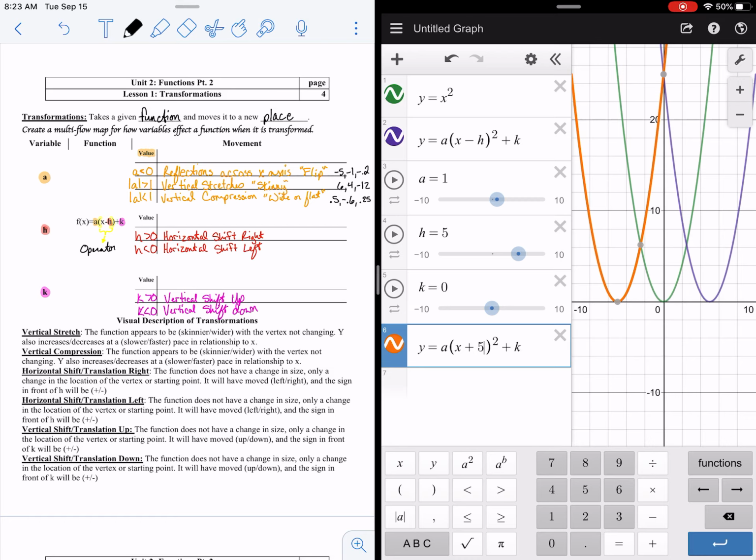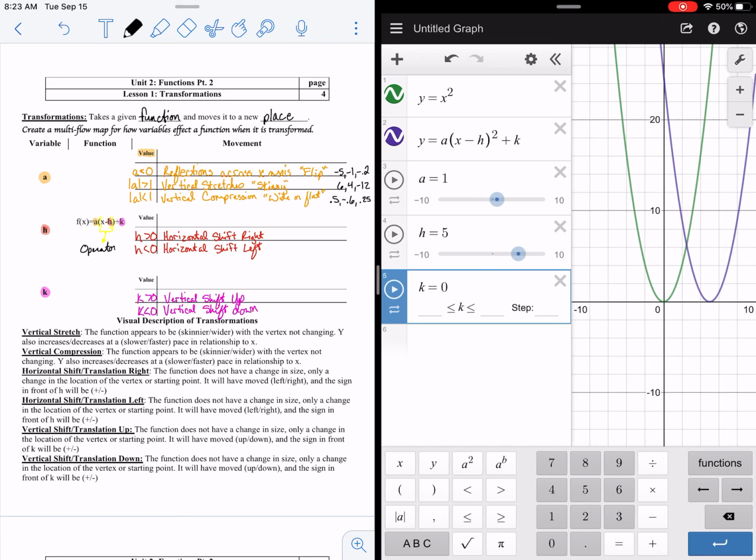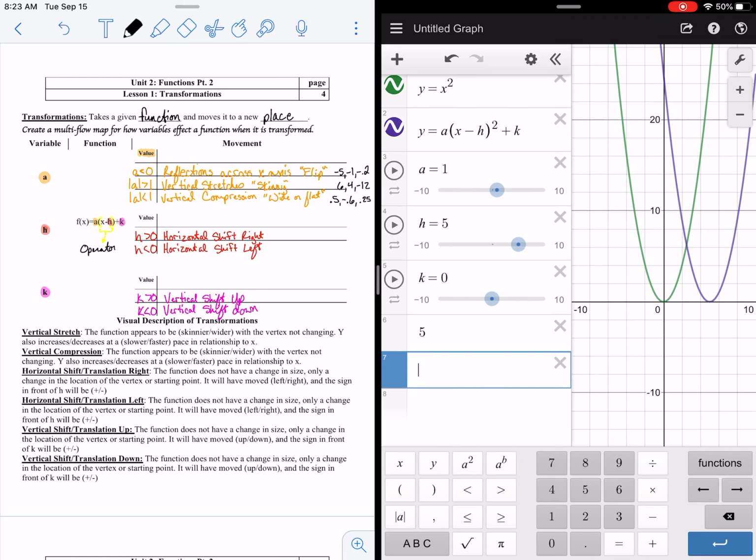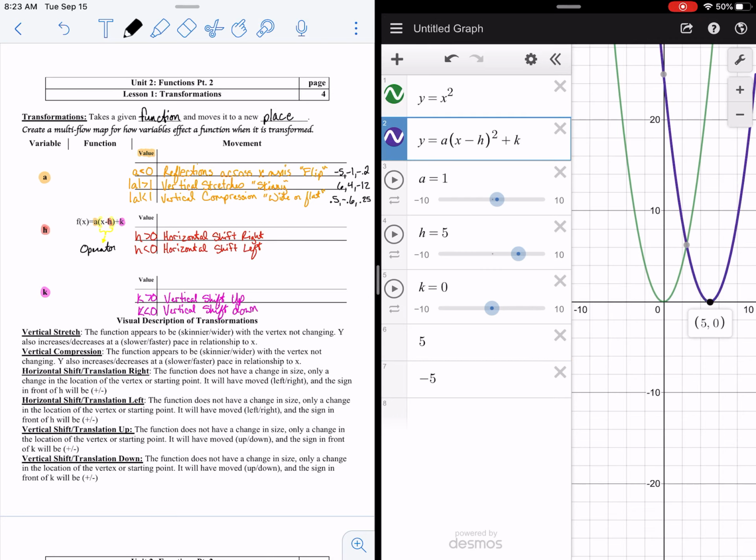The reason I say this is that this comes back from vertex form in Math 2, when we first started looking at these things. Your H value is going to be the opposite of what you think unless you are 100% certain. I'll say that again. Always choose the opposite of what you think your H value is unless you are 100% sure that your answer is right. So if I had the options of 5, negative 5, we teach you to find a vertex.